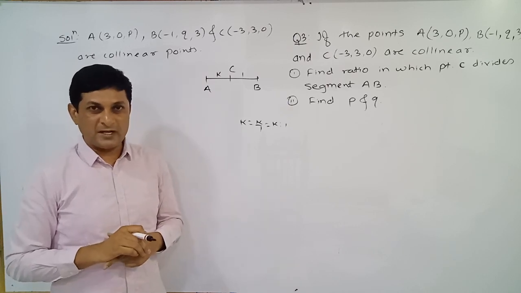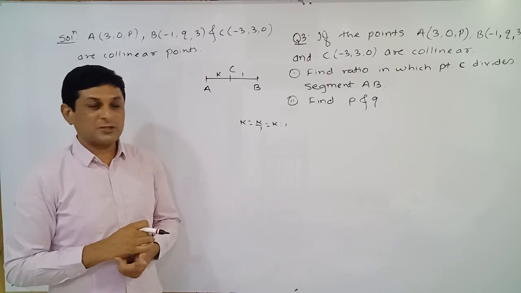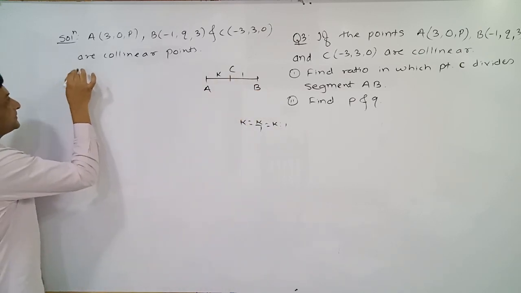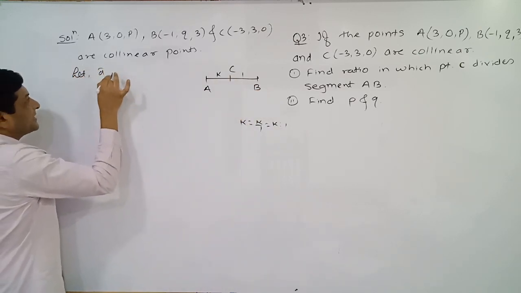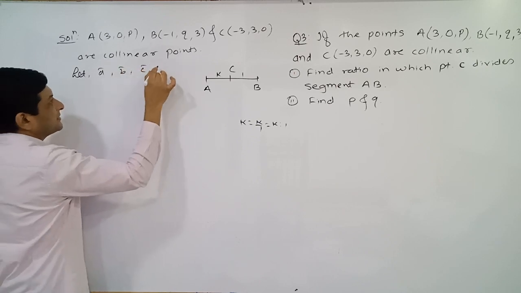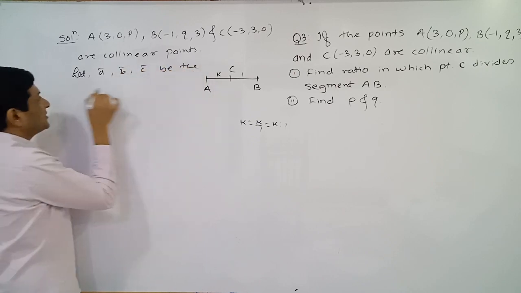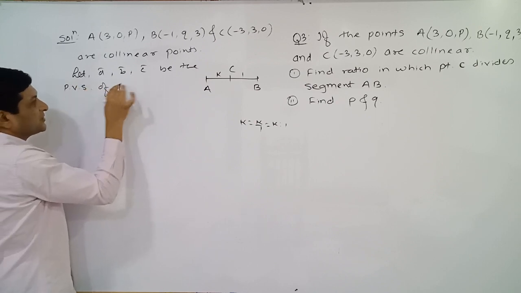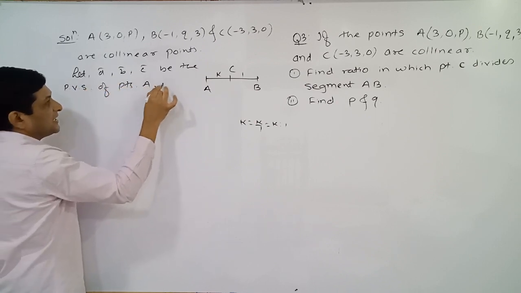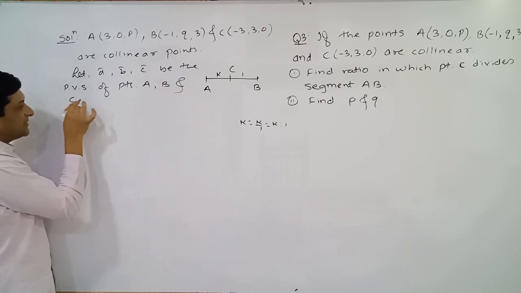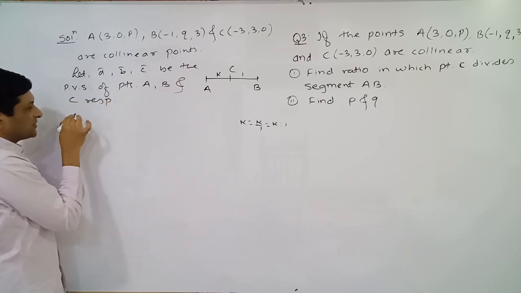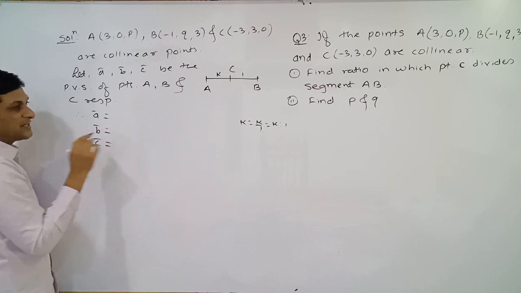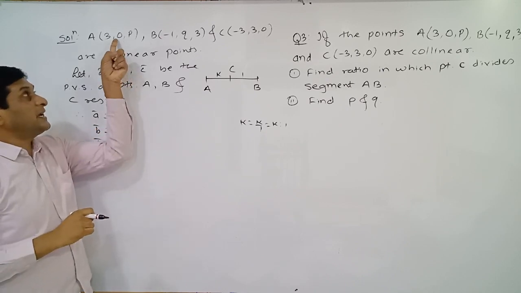Now, to apply any formula we will require what? The position vector of the points. So first let us denote the position vectors of these points by A bar, B bar and C bar. Let A bar, B bar, C bar be the position vectors of points A, B and C respectively. Therefore A bar is equal to, B bar is equal to, and C bar is equal to... The coordinate of point A is given to us.